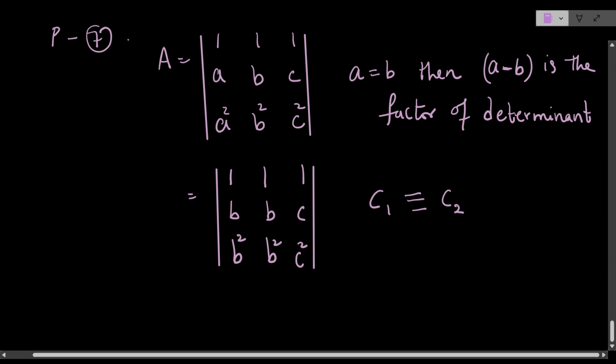Then A minus B is a factor, students. And if any two rows or any two columns are identical, then its value becomes 0. And its factor is A minus B. Understood, students?